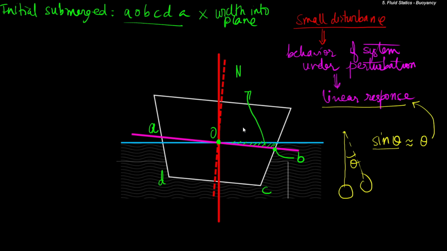But now, because of the tilting, this hatched volume is extra. So let me call this B prime. Let me call this particular point A prime.